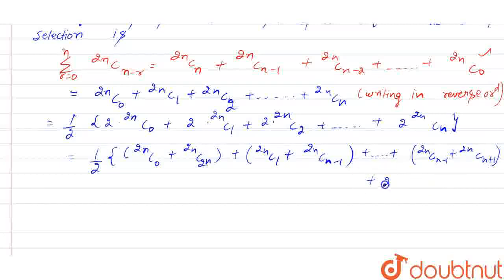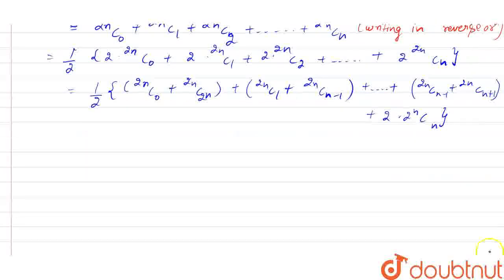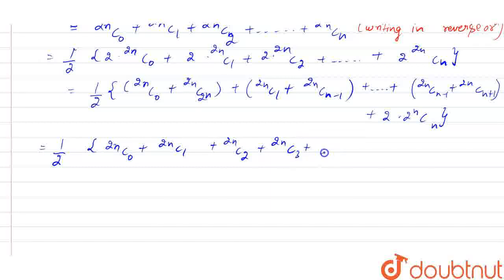Similarly we have plus 2 into 2n c n. So after solving it we have 1 by 2 into 2n c 0 plus 2n c 1 plus 2n c 2 plus 2n c 3 and so on plus 2n c 2n plus 2n c n.